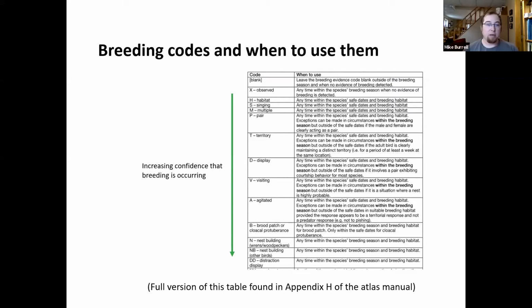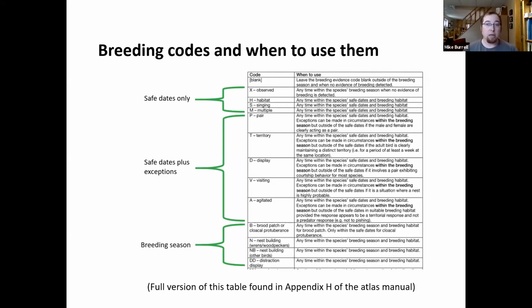Some of the less confident codes, like H for habitat and S for singing bird, are behaviors that can also be shown by migrants when they're moving through. So for those codes up at the top of this list, you have to be very cautious when you're outside of the species' safe dates, because it could be just a migrant passing through your area.